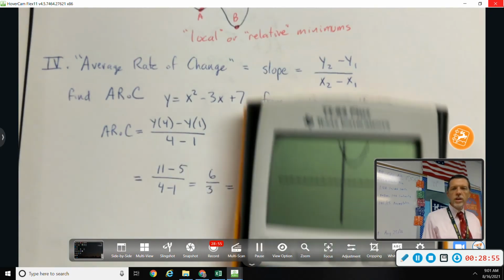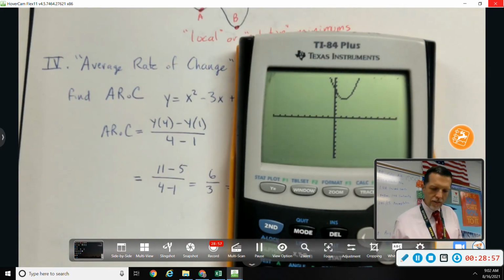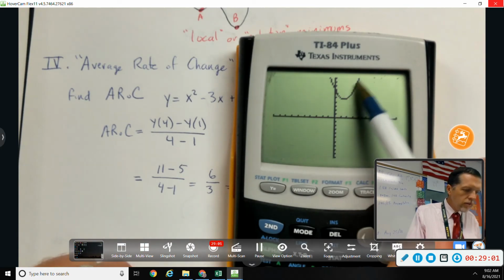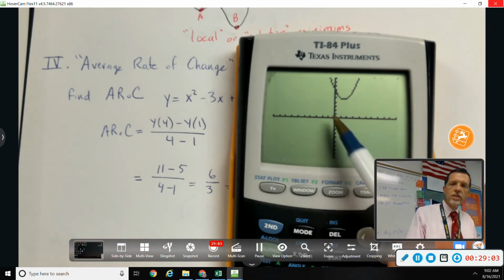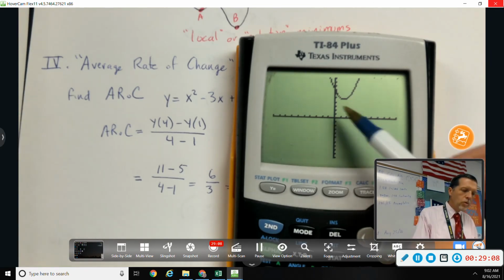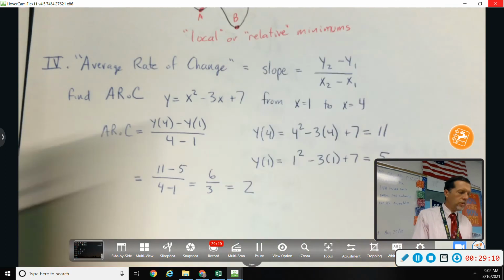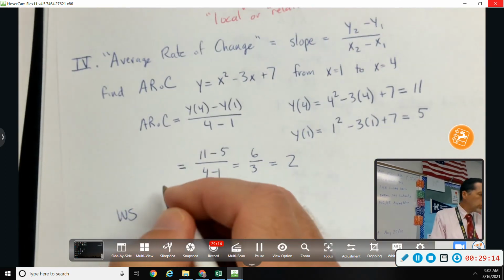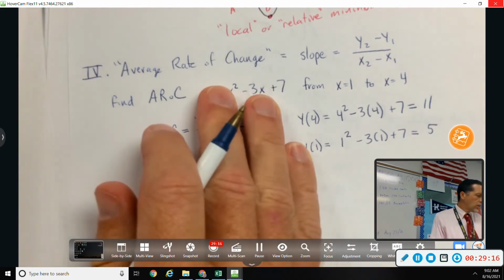So between 1 and 4 on the graph, it has a slope of 2. An average slope. Between 1 and 4, an average slope of 2. And that really matters more in calculus is when we'll use it. So we just introduce it today.